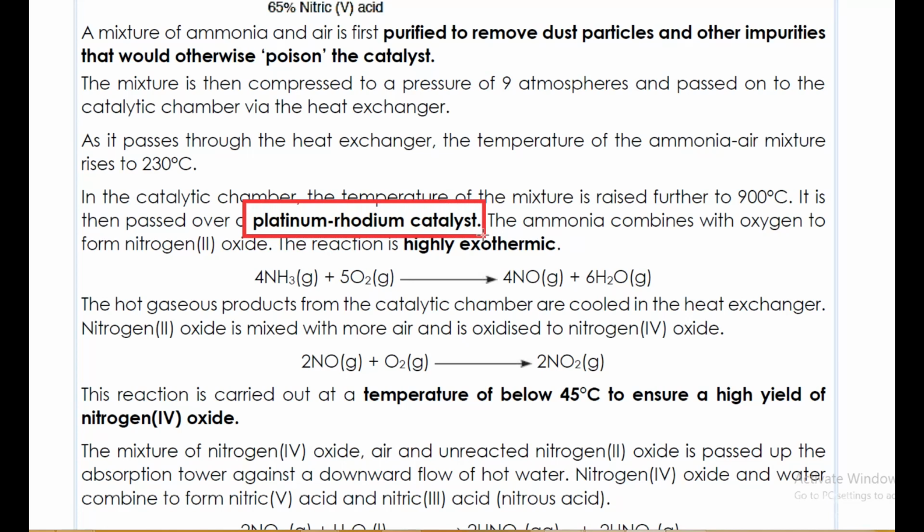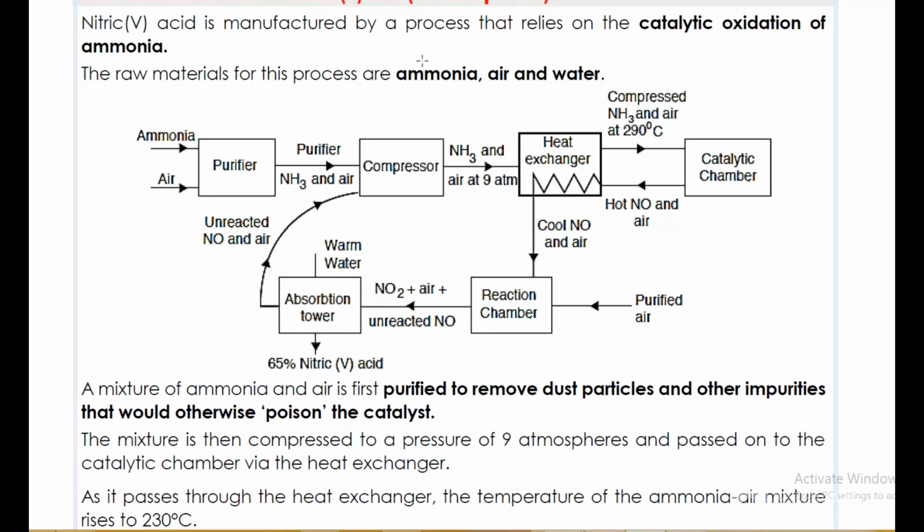Very important to note. And then in the catalytic chamber, there is a reaction which takes place there, which you must know. So let us go back to the diagram.